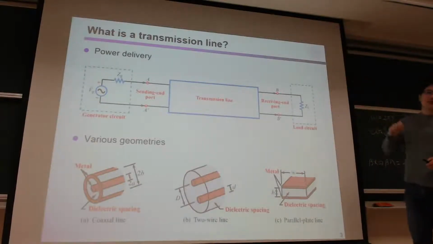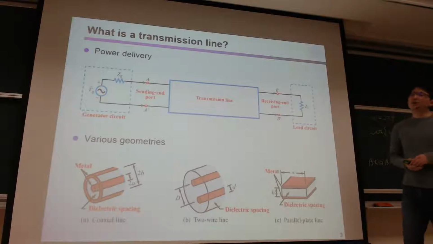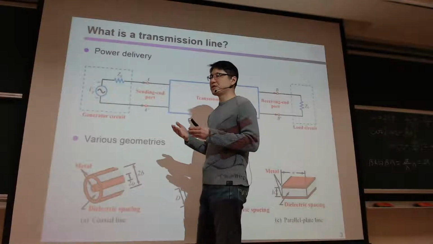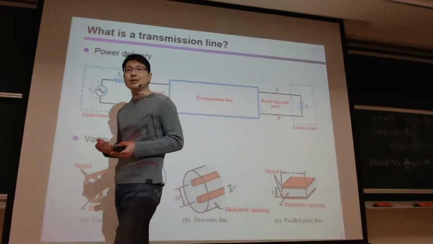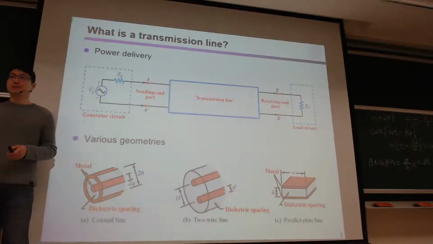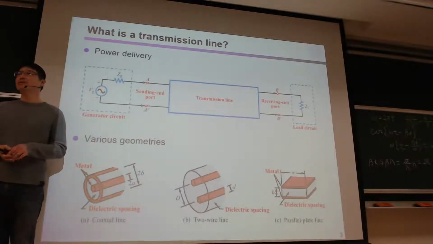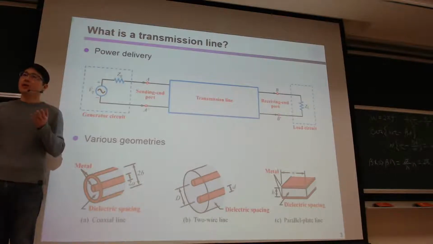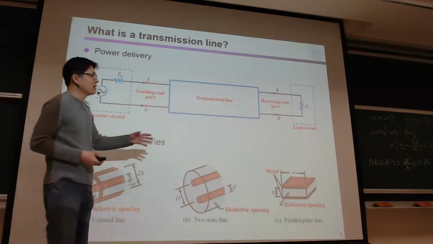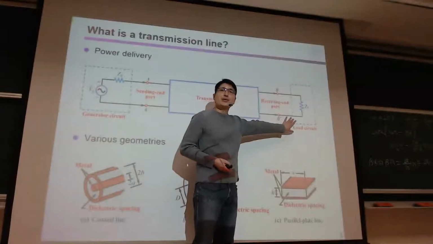So what is a transmission line? Well, you can imagine we are enjoying the benefit of using electrical power every day, right? Right now, you're using electrical power. All you have to do is plug your plug onto the wall outlet, and that's it. But if you know where the power is being delivered, then you have to ask the question. Here we are users.